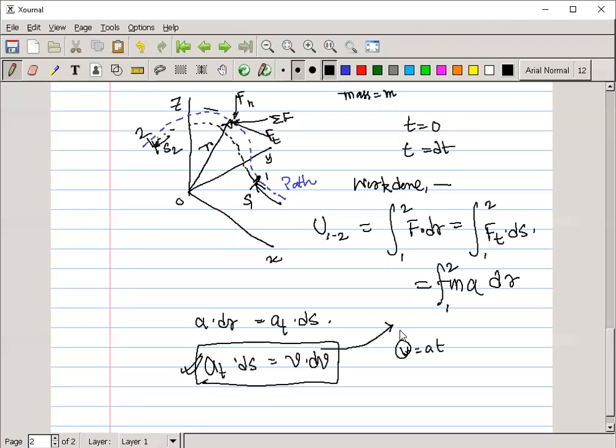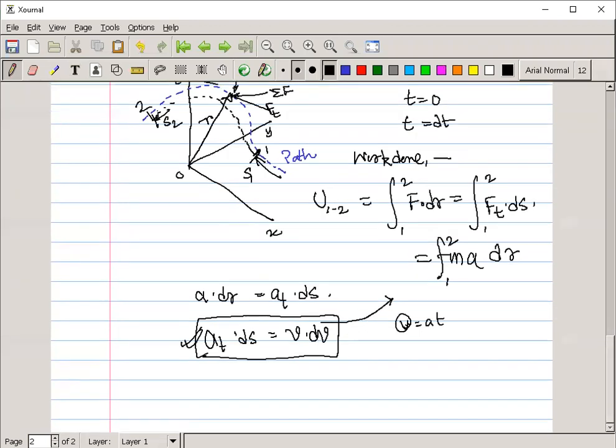So if we put this one here, then we will get U1-2 equals the integral of m into a into dr. This a into dr means a_t into ds, as per our nomenclature. So instead of a_t into ds we can write v into dv, right?